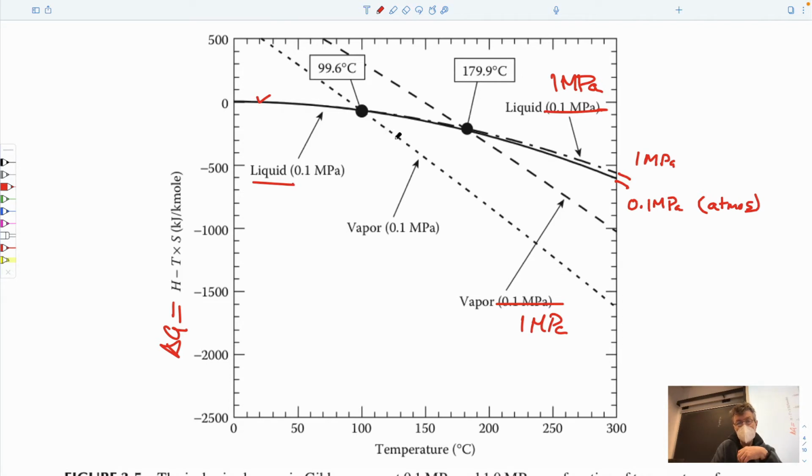And depending on whether the vapor is at only 1 atmosphere or at 10 atmospheres, this is wrong in the book, there's a big differential between them in the first place, and the gradient of this compared to the gradient of this changes much more. So in other words, due to the compressibility of the system, as you change temperature, you change the volume by thermal expansion, and as a result of that, the mass within the system changes as well. So one is much more sensitive to changes in enthalpy.